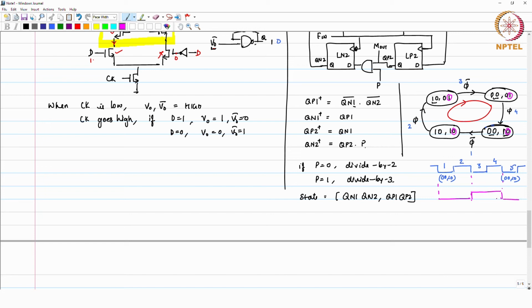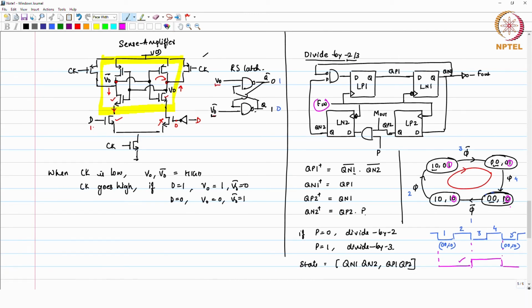So, this particular signal is half the frequency of your F in. Okay. And if you want, you can invert it at Qn1 and you can take this as F out if you are just doing divide by 2.